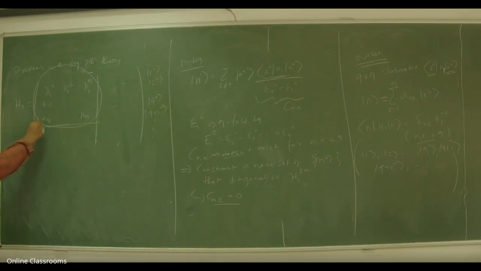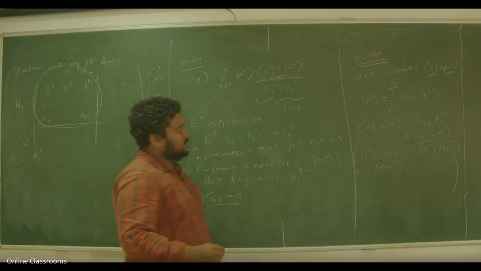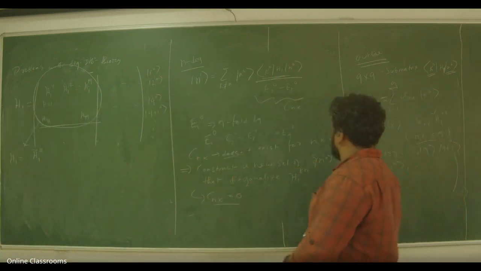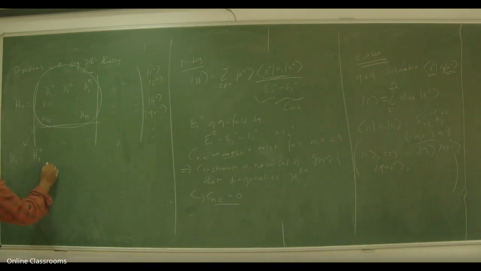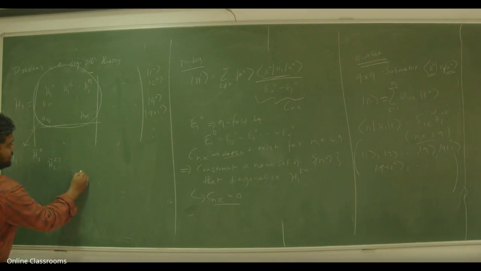So this part I am taking, I am diagonalizing it. Then I am moving to a new basis. Let me write h1 tilde 1 1, just for your convenience to remember. So this is h1 tilde 2 2, like that, h1 tilde qq.